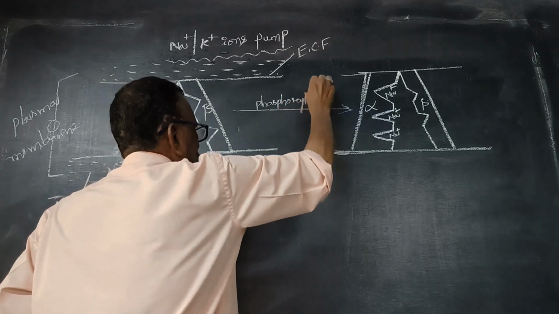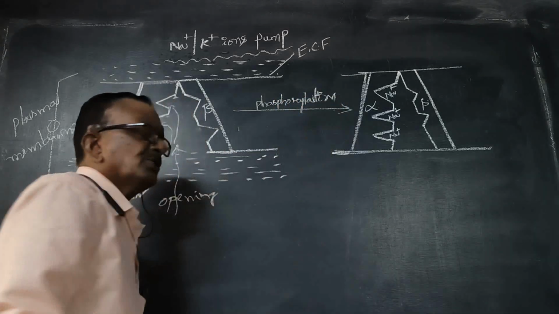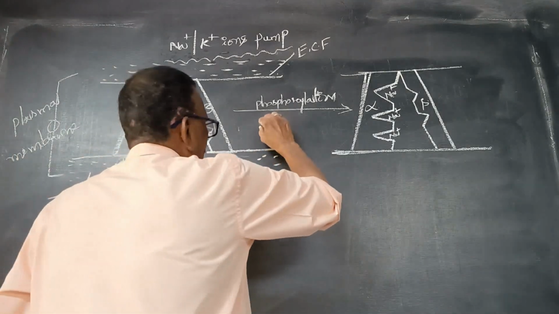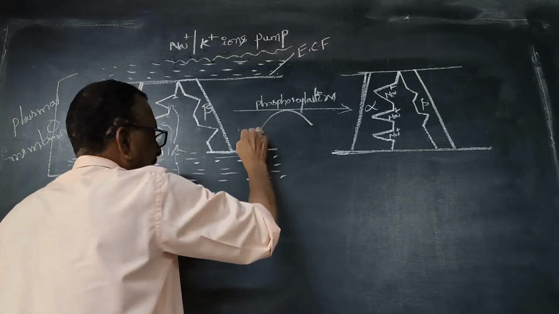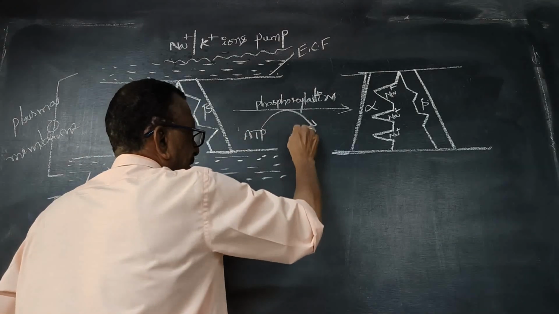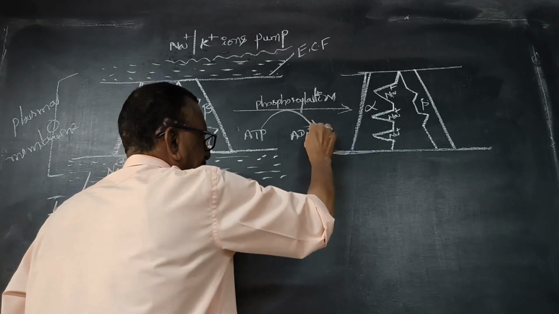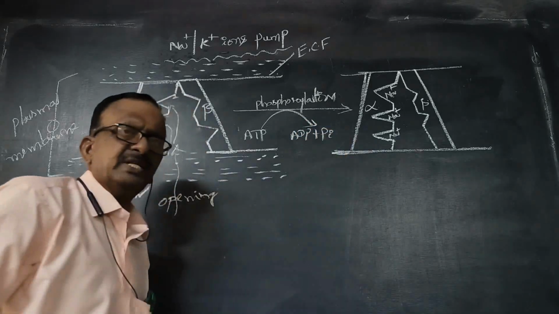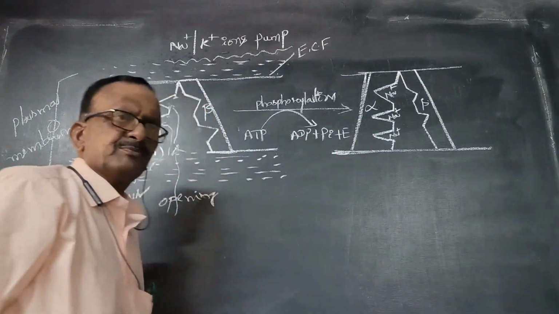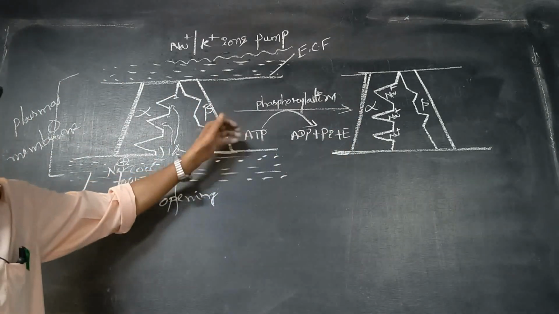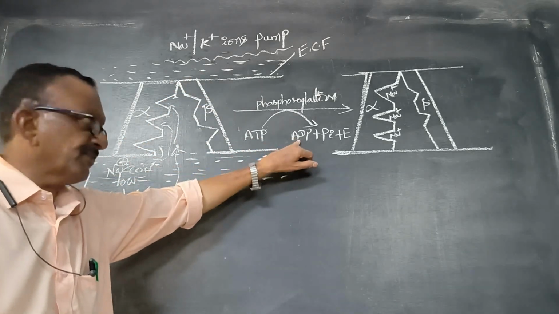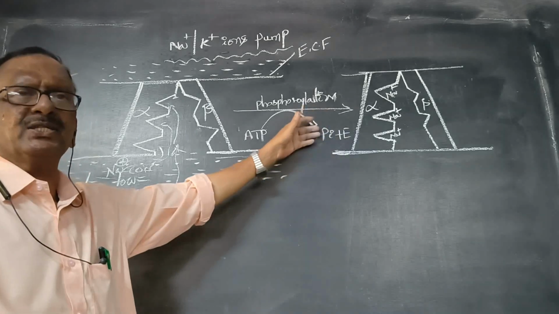Now this process is called phosphorylation. What is phosphorylation? Addition of inorganic phosphate. So here, let us take ATP. It will be converted into ADP plus Pi, inorganic phosphate, and energy is released. So ATP is utilized and converted into adenosine diphosphate and inorganic phosphate, and energy is released.